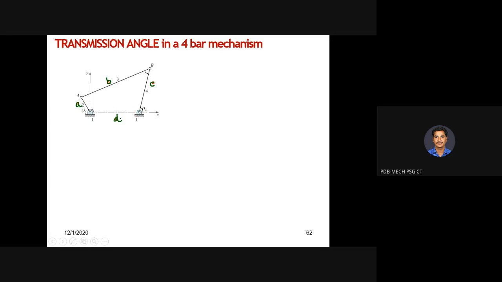Normally we will have some dimensions for all these links. So let me take arbitrary dimensions called A, B, C, D. In order to change the orientation of these links, that is the mechanism, for example, I want to move B from this location to this location, either the dimensions of the links can be changed, or what is the one more variable which is required to identify the orientation of the mechanism?